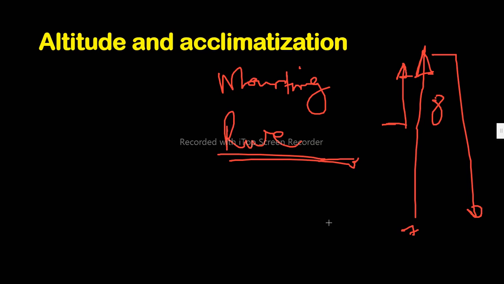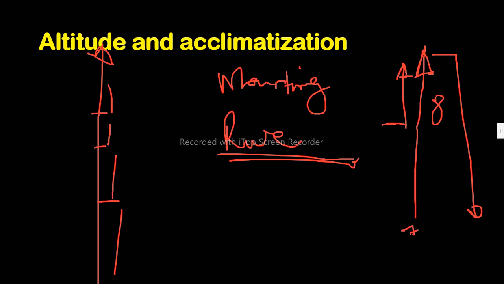Even with these mountain climbers, for you to move up to Margarita, you can't do it in 1 day. You move and then you station somewhere, then move, station somewhere, until you arrive. Why do you have to do that? Unless you carry oxygen cylinders and stuff like that.